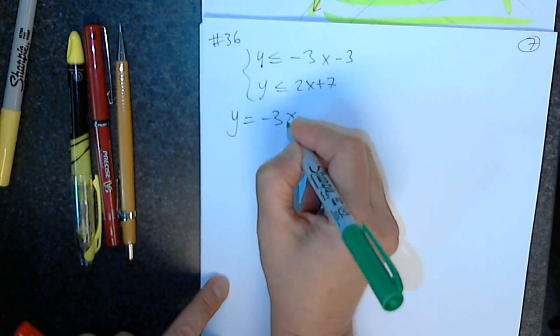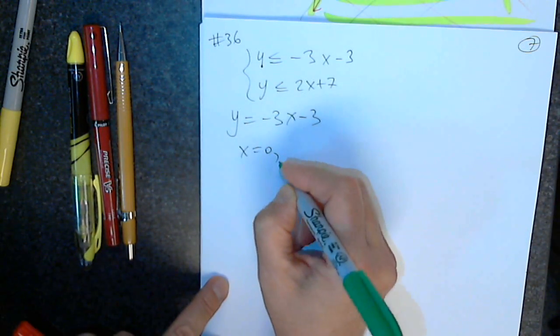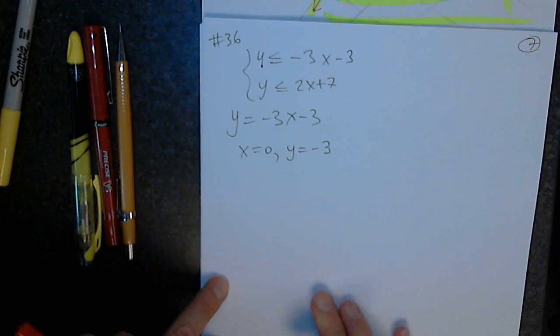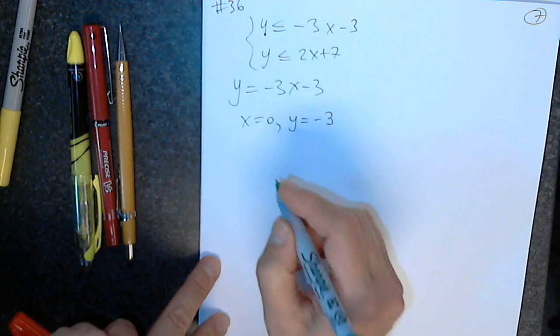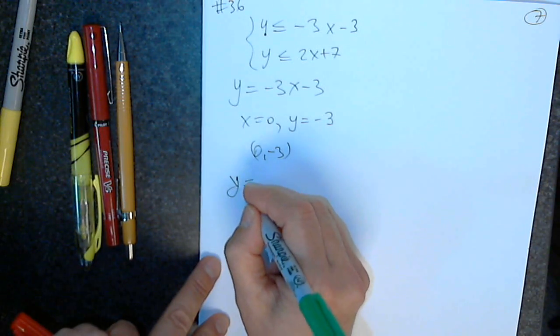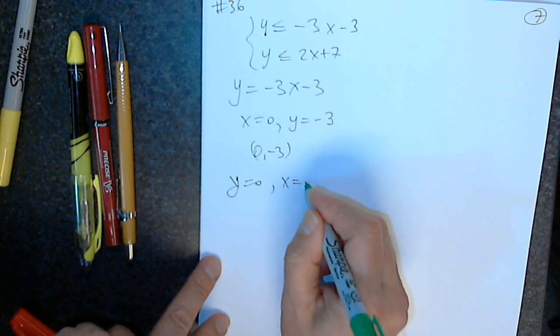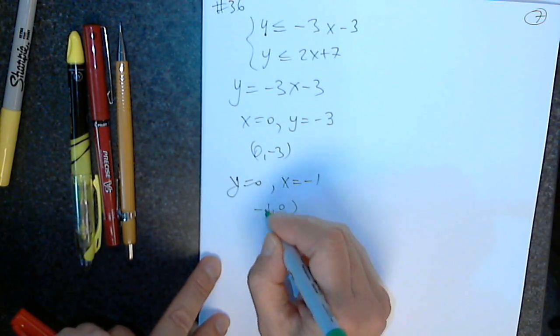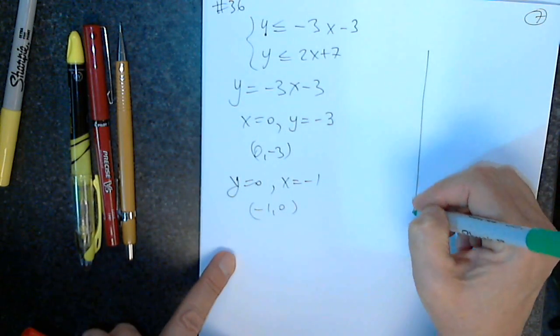y equals negative 3x minus 3. When x is 0, y is negative 3. So 0, negative 3. When y is 0, x is negative 1. So negative 1, 0. Do you agree so far?